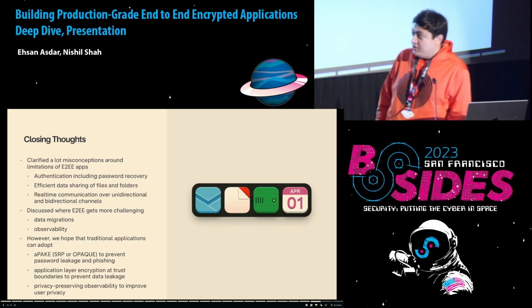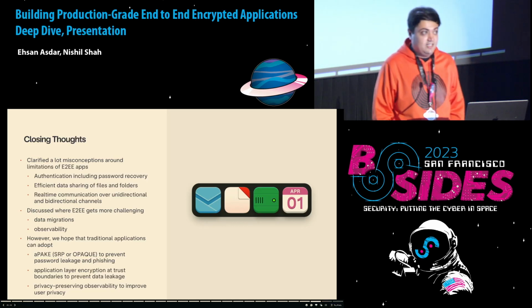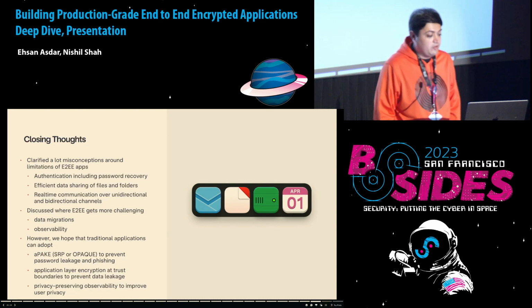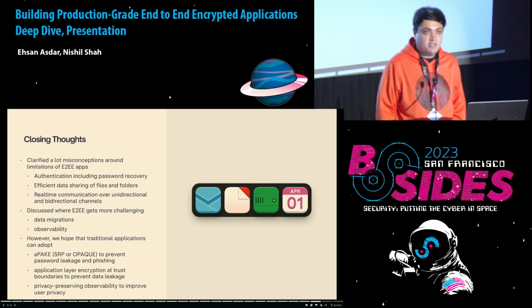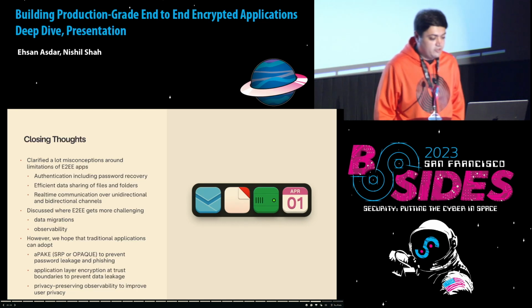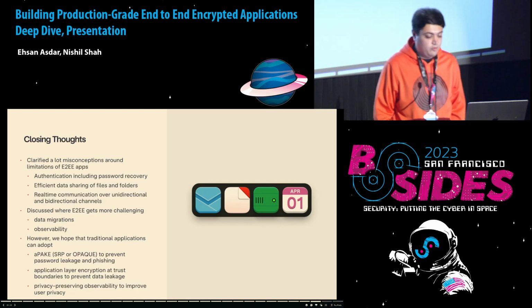So we talked about a lot of things, keys, a ton of work. What we hope to have accomplished here is clarifying a lot of misconceptions around the limitations of end-to-end encrypted applications: authentication, password recovery, efficient data sharing, real-time communications over both unidirectional and bidirectional channels. We also talked about where it does actually get challenging from our experience: data migrations, observability.